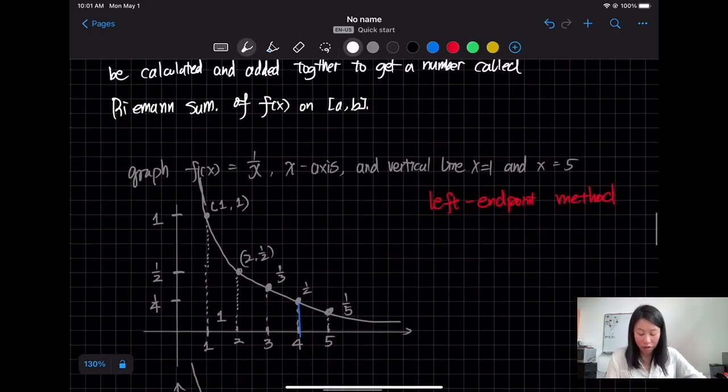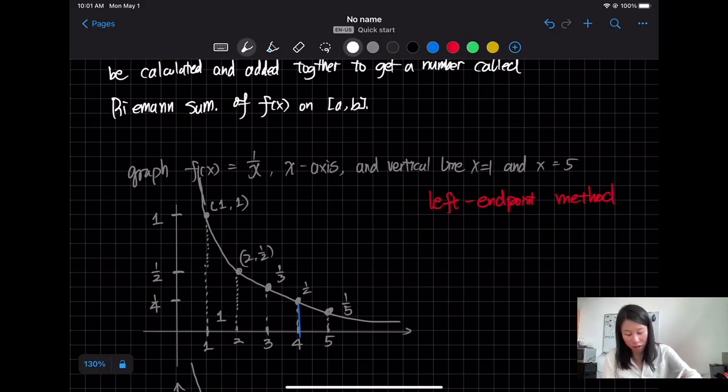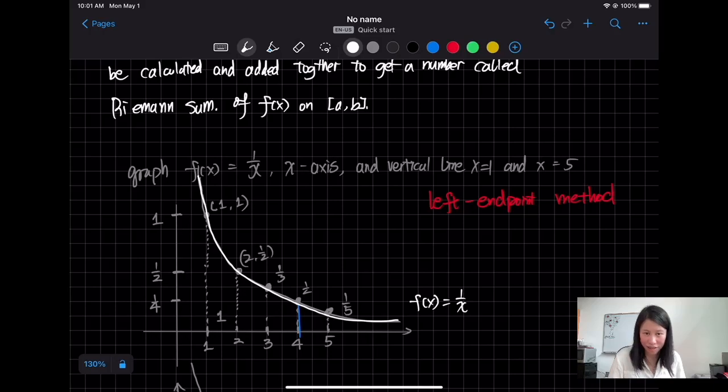Here is an example. This is the graph of f(x) equals 1 over x. I want you to find the region bounded by the graph f(x) equals 1 over x, the x-axis, and the vertical lines x equals 1 and x equals 5.